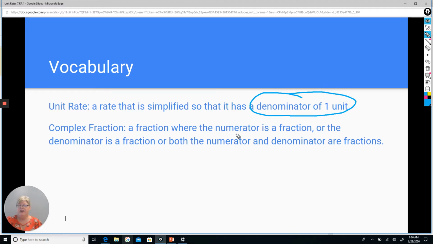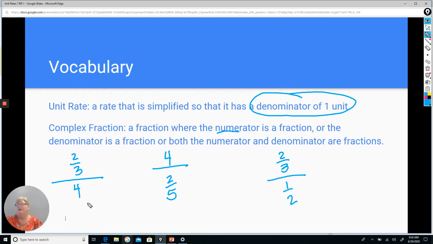Complex fraction is a fraction where the numerator is a fraction. So here's the numerator over an integer. Or the denominator is a fraction. So if I had 4 over 2/5, that would be a complex fraction. Or if you have a fraction in the numerator and a fraction in the denominator.